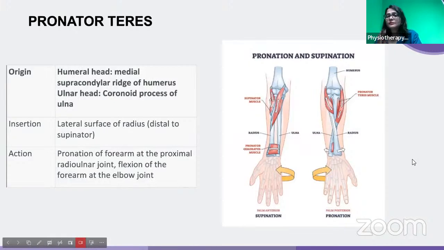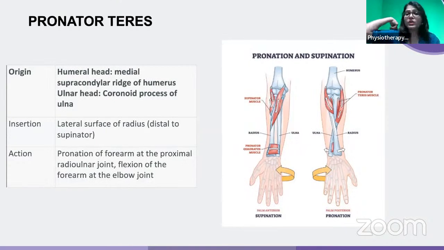Okay, so pronator, we will put a little logic here. Pronator teres has its origin from the medial epicondyle, and from here it is getting inserted into the radius. So your pronator should have the origin on the ulna side and it should get inserted on the radius. Why? Because when this muscle contracts, it will pull your forearm into pronation.